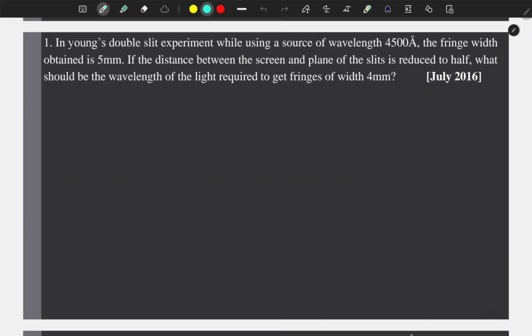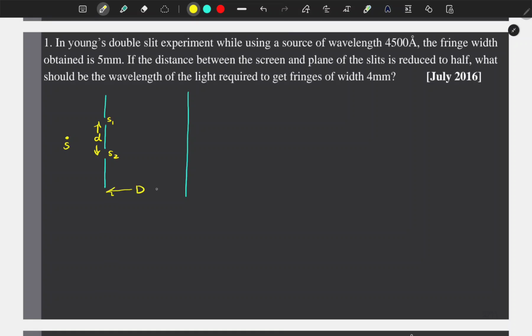First of all, let me write how the experimental setup looks like for the YDSE experiment. If I consider this is a source of light, this is slit 1, S1, this is slit 2, and the slit separation is given by small d.